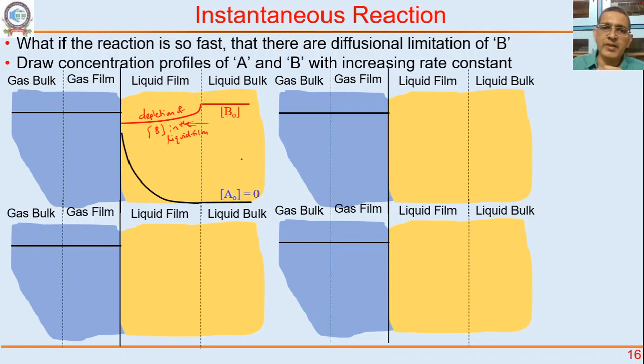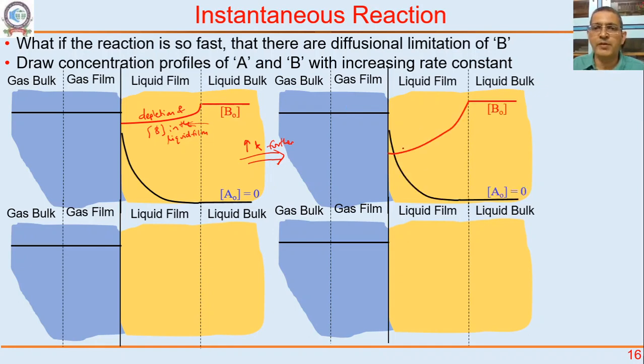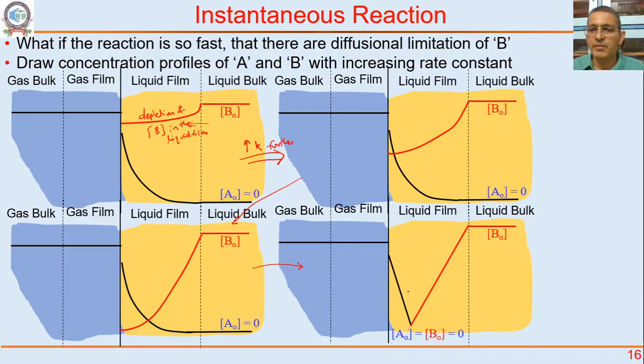Now increase it further, increase rate further, increase k further. Draw here, do for yourself. Pause. Further depletion. Increase k further, draw for yourself. Like this. Increase k further, draw for yourself. Look at this extreme case.